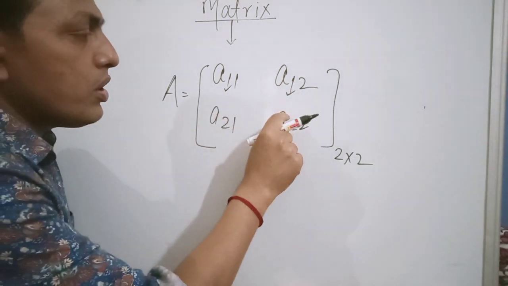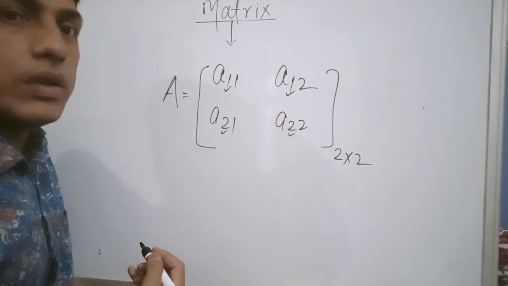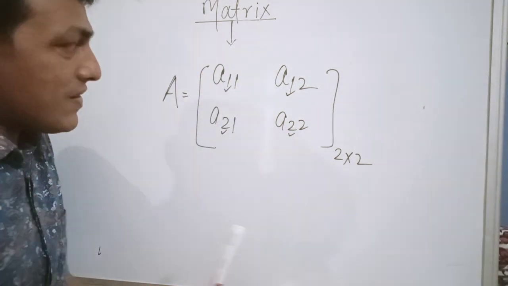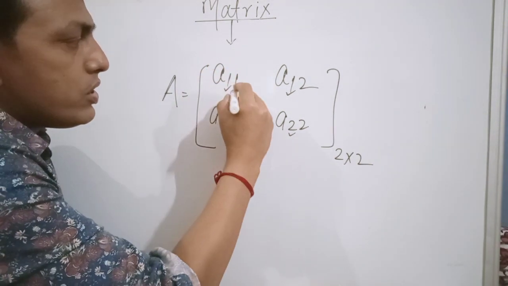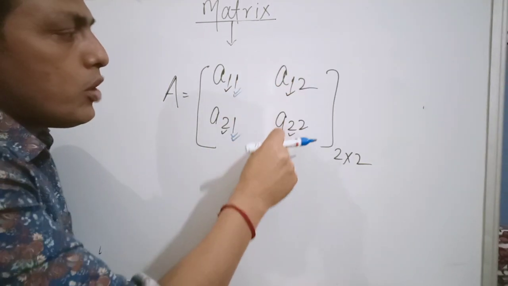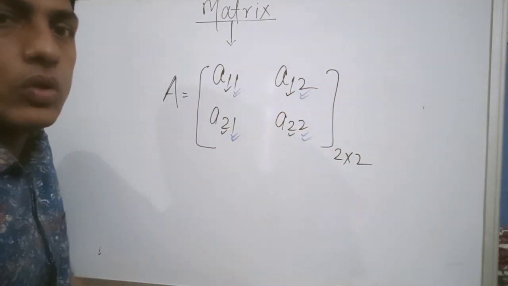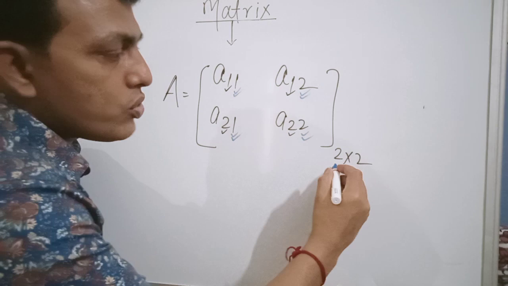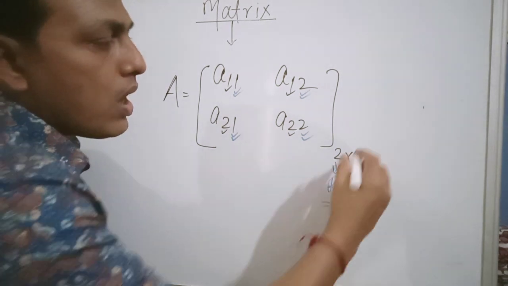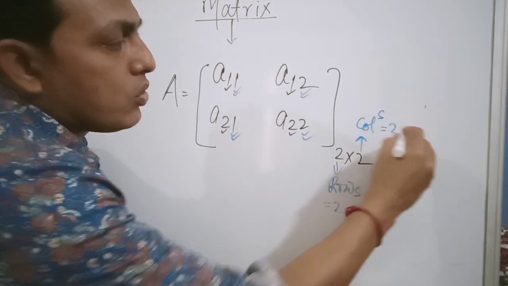This is row number 2. So 2 are there. This is column number 1. See the column 1. This is the column number 2. How many rows are there? 2. How many columns are there? 2.